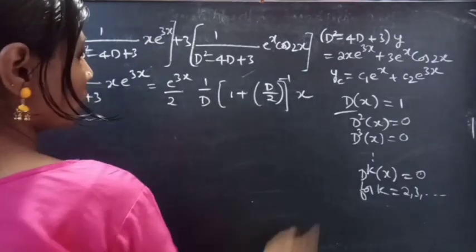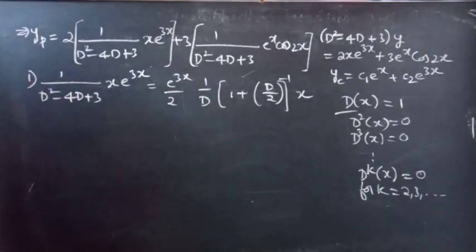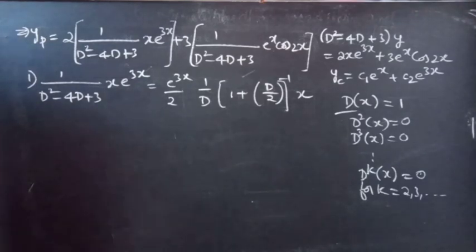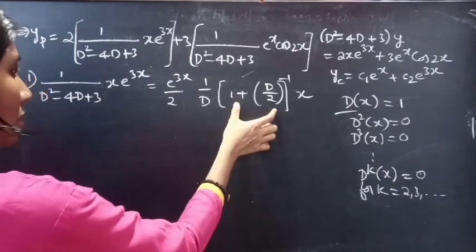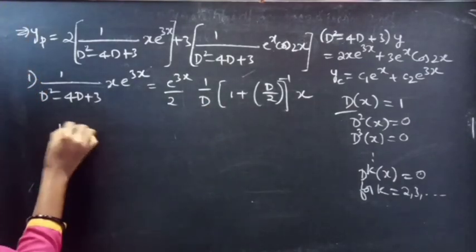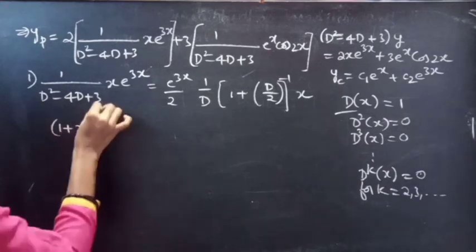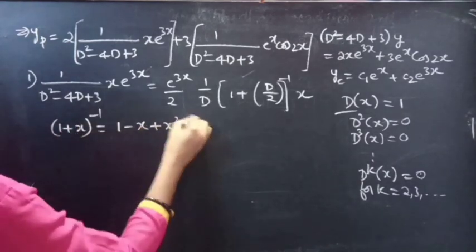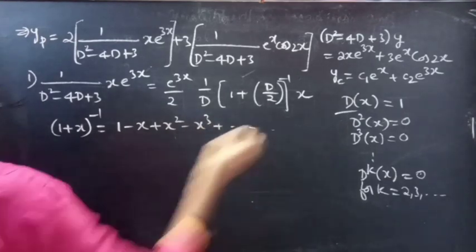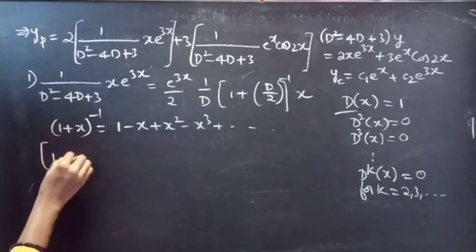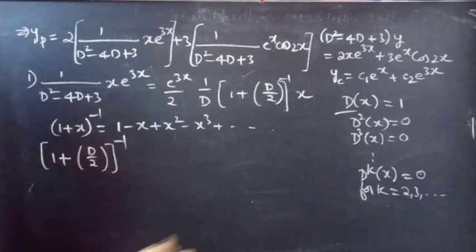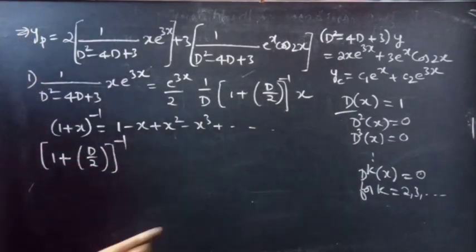Fine. Now keeping this in mind, we'll find the expansion, the binomial series expansion of this. We'll use the binomial series expansion: (1 plus x) whole inverse equals 1 minus x plus x square minus x cube plus so on, right? Now let's expand (1 plus D by 2) whole inverse by keeping all these derivatives in mind, okay?